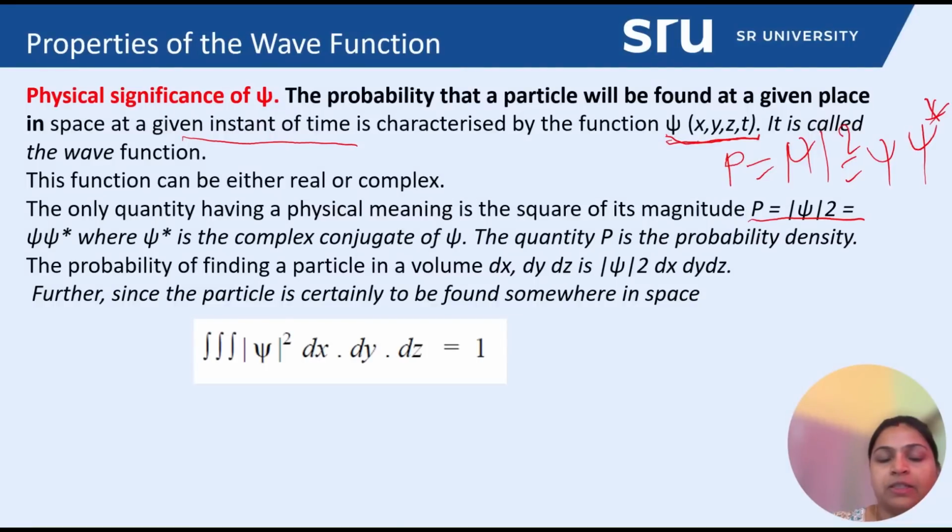We know psi is the wave function and psi star is the complex conjugate of psi, and the quantity P has a name, probability density. The probability of finding a particle in a given volume, say dx, dy and dz, is psi square dx dy dz.